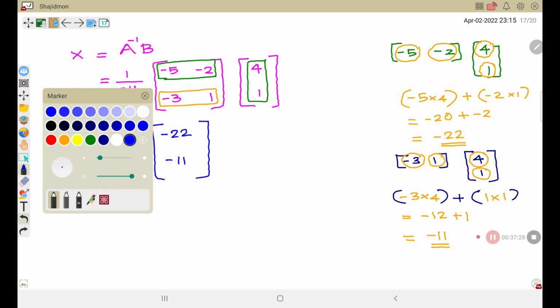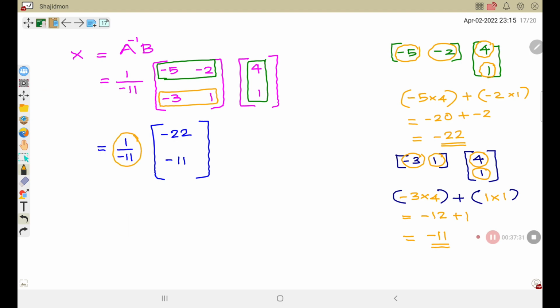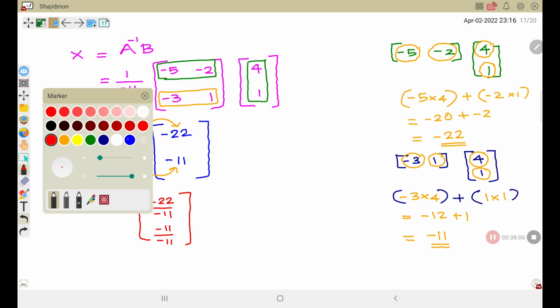Now last, what we are doing here: this outside number multiply with the first number here and with the second number here. So we get the matrix 1 multiply minus 22, minus 22 divide by minus 11, and here also minus 11 divided by minus 11. You can simplify.